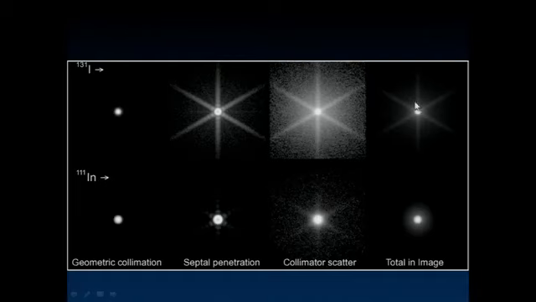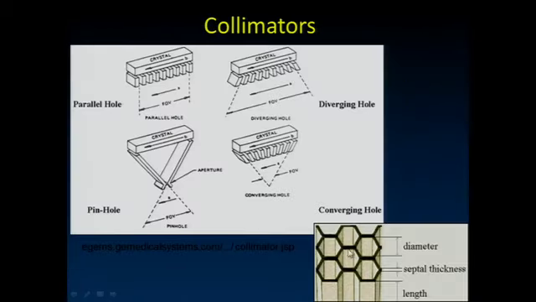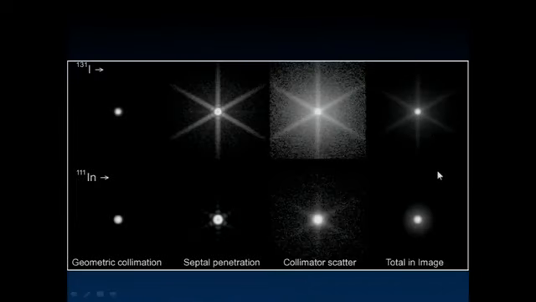And so you get this septal artifact, where this is passing through the walls of some of these septa, and that star pattern corresponds to the orientation of the walls in that collimator.